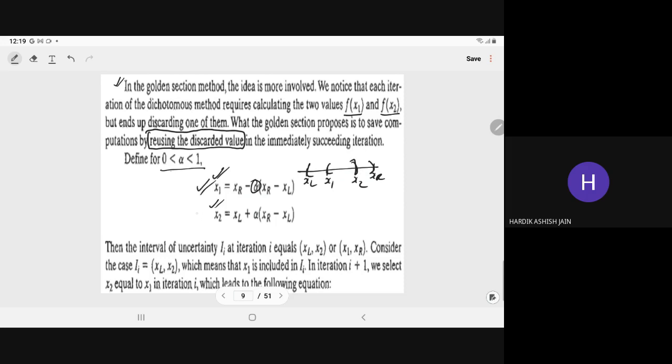Now what is the main beauty of the golden section method? Whatever point we discard, we use in the succeeding iteration.